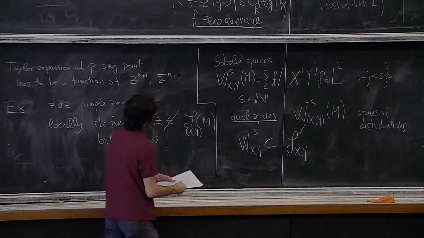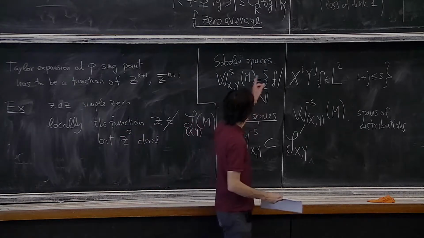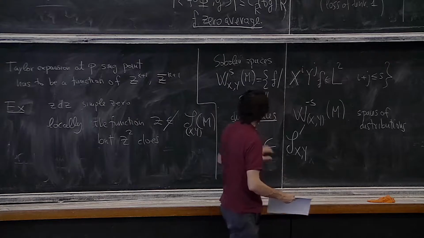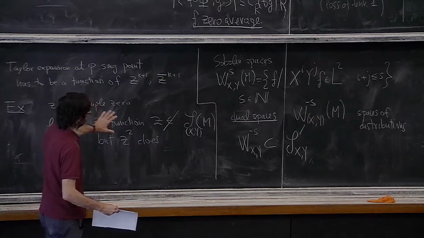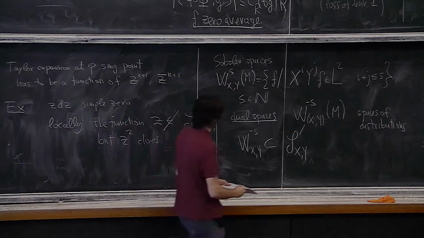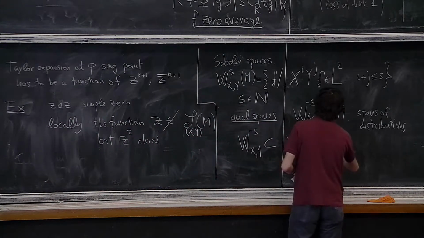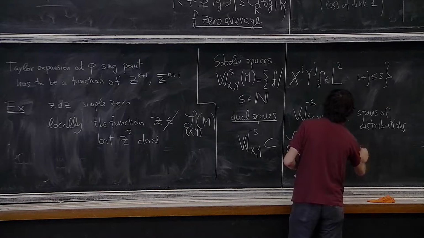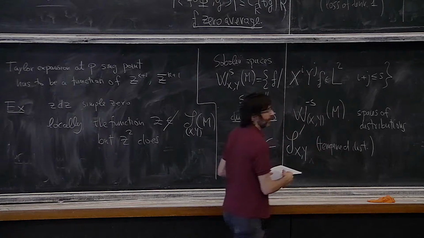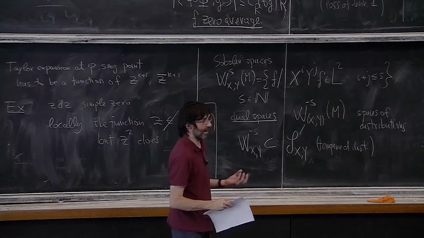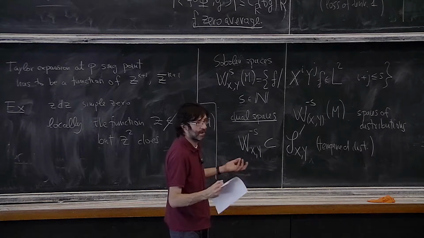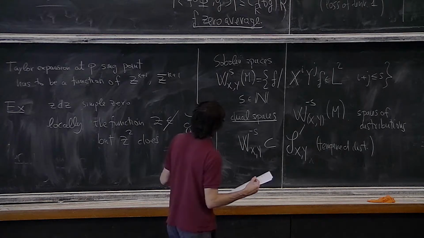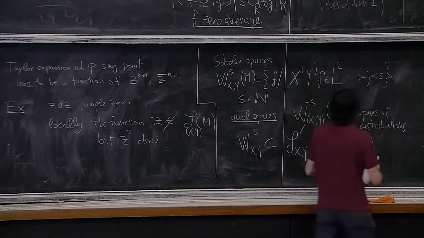So any element which acts on functions with s derivative also acts on all these functions here that I call S. I usually call this tempered distributions, but just to find a word. So these distributions have to have some nice behavior at the cone points. They cannot do whatever. But these are all the spaces that I need.